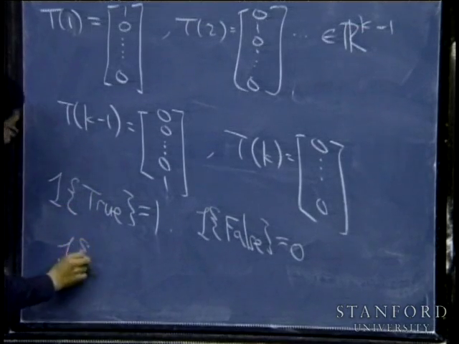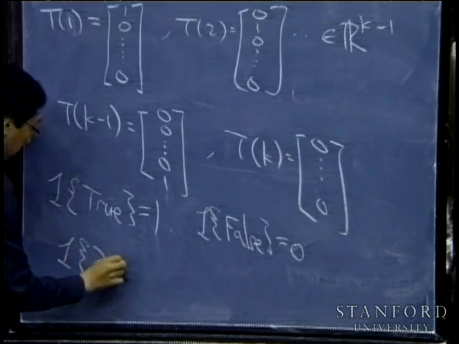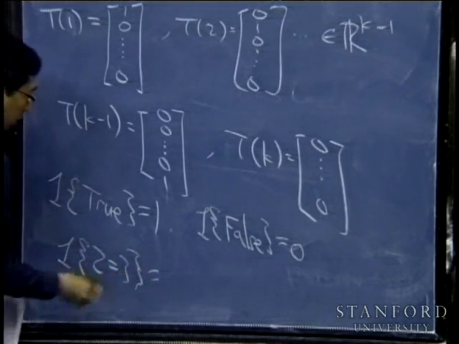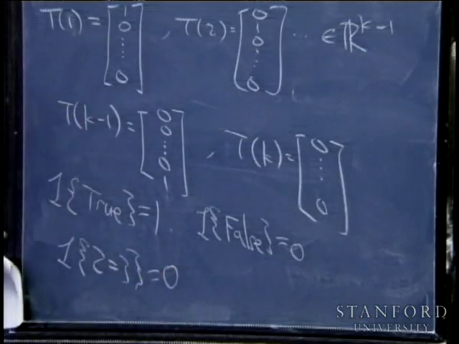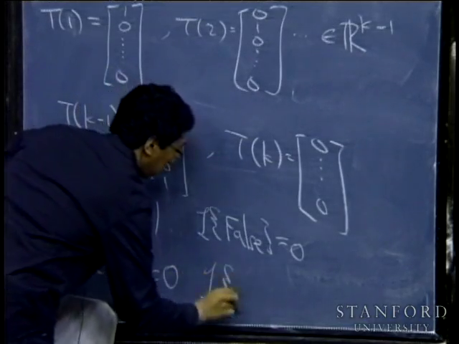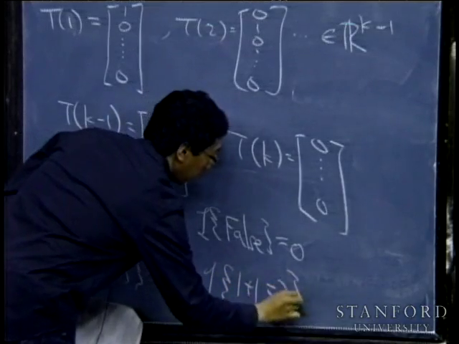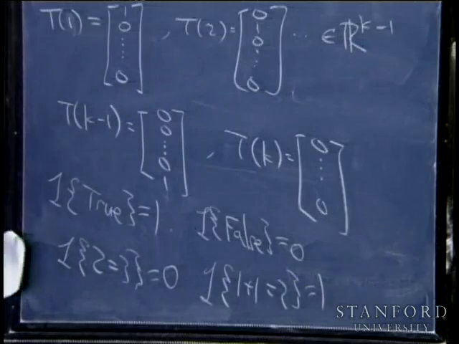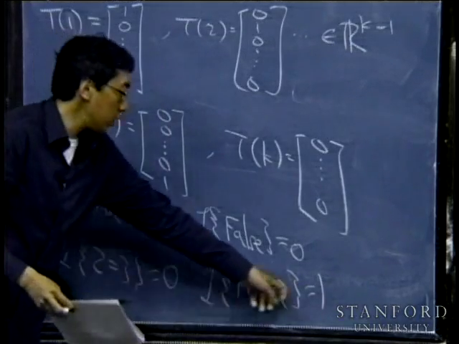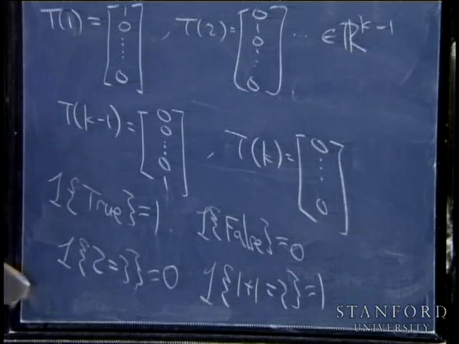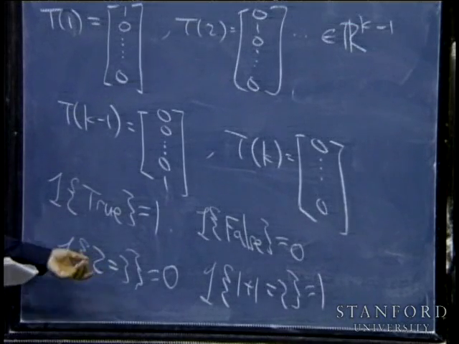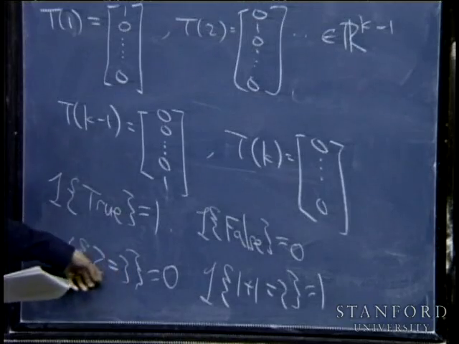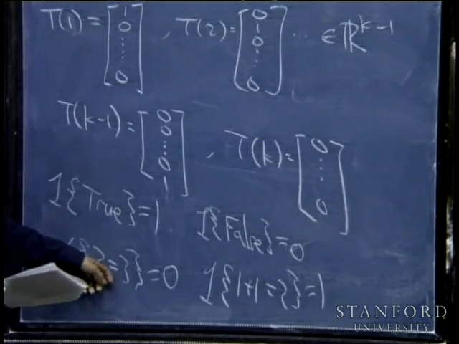So for example, if I write indicator 2 equals 3, then clearly that's false, and so this is equal to 0. Whereas for indicator 1 plus 1 equals 2, I wrote down a true statement inside, and so the indicator of the statement is equal to 1. So the indicator function is just a very useful notation for indicating the truth or falsehood of the statement inside.